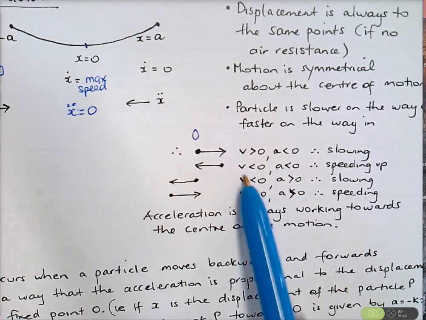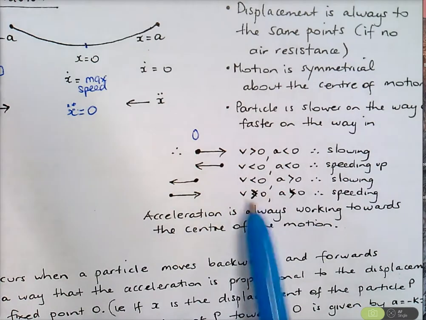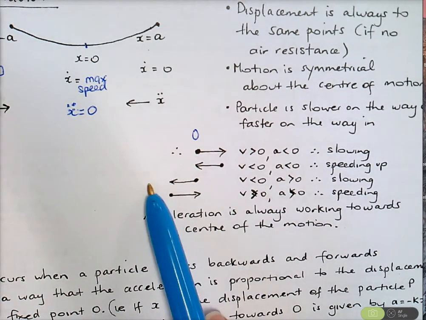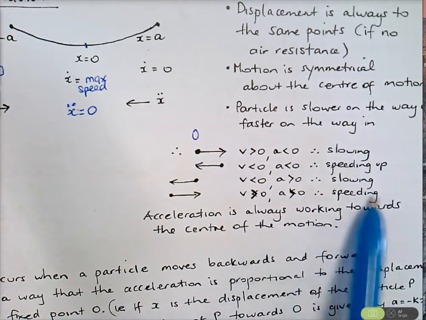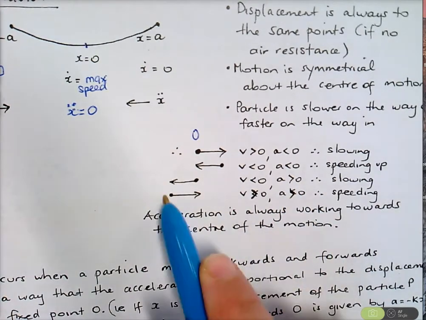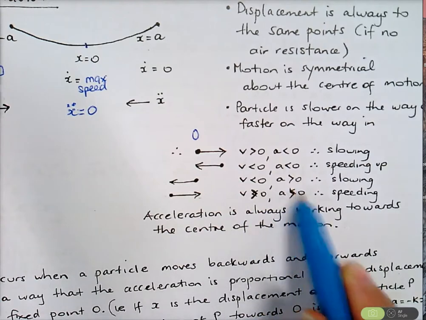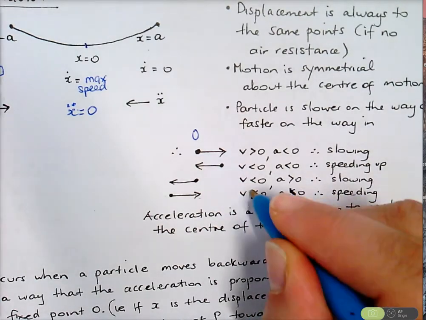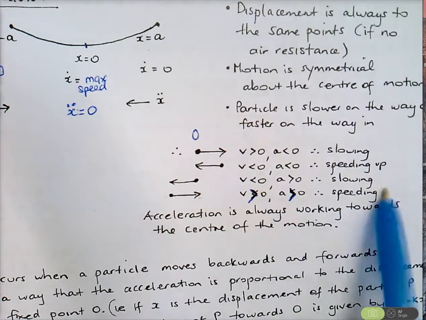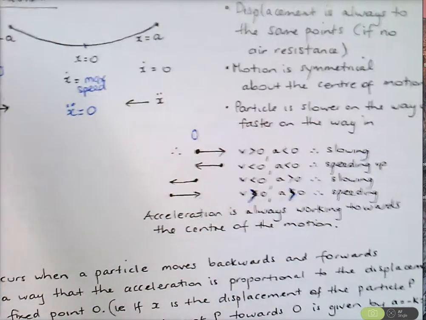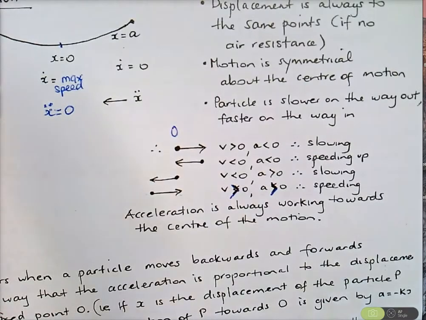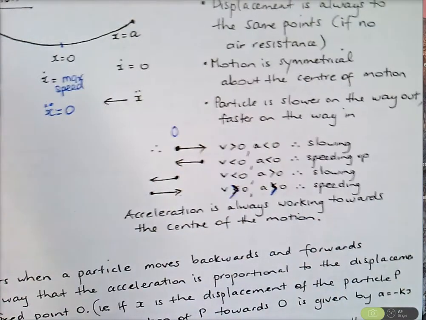Coming back in, velocity is negative, acceleration is negative. Going back out from the centre, velocity is negative, acceleration must be positive. That's why they're slowing down. And the last one, coming back in, velocity is positive, acceleration is positive. That's why you speed up. So acceleration is always working towards the centre of motion. Particle is slower on the way out, faster on the way in.